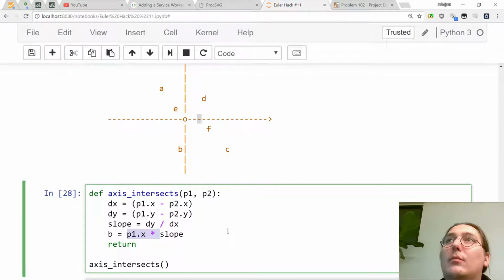If we determine the slope, which is a, we can compute b.